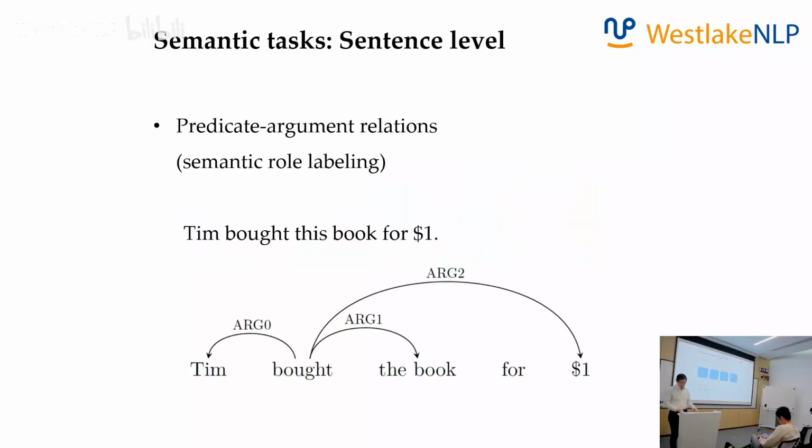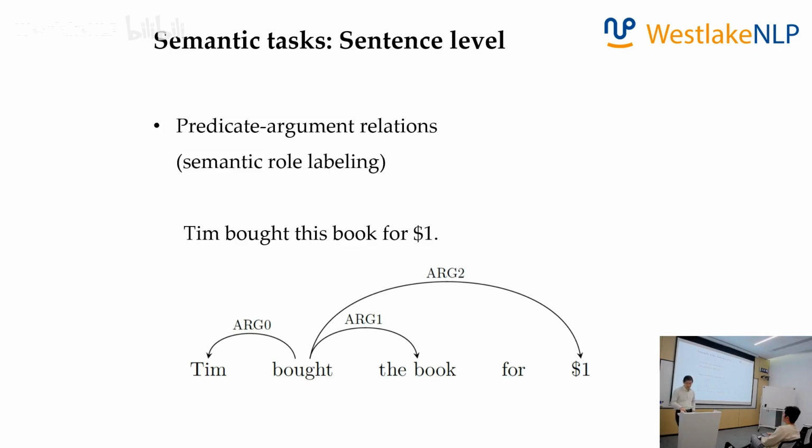Now next, at the sentence level, there are also semantics tasks. There's a shallow one called predicate argument structure, which I just mentioned to you. So predicates represent events. Arguments represent argument roles that participate in the event. For example, Tim bought a book for $1. So in this case, bought is the predicate.